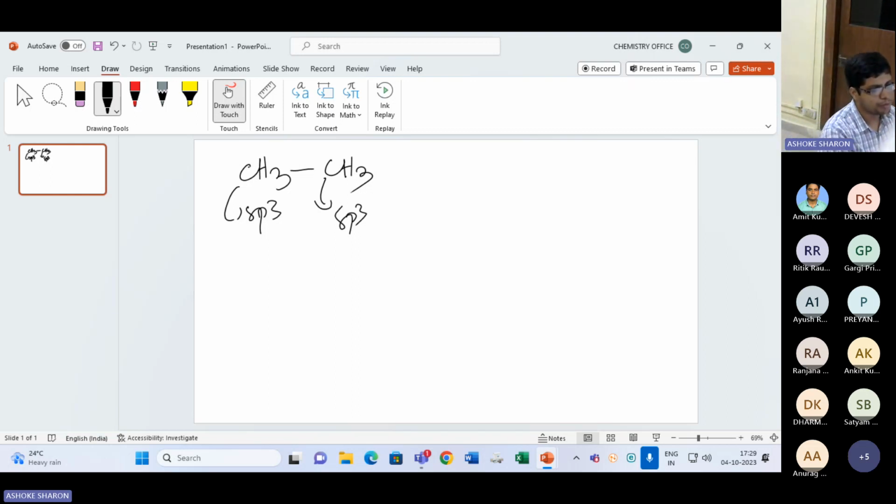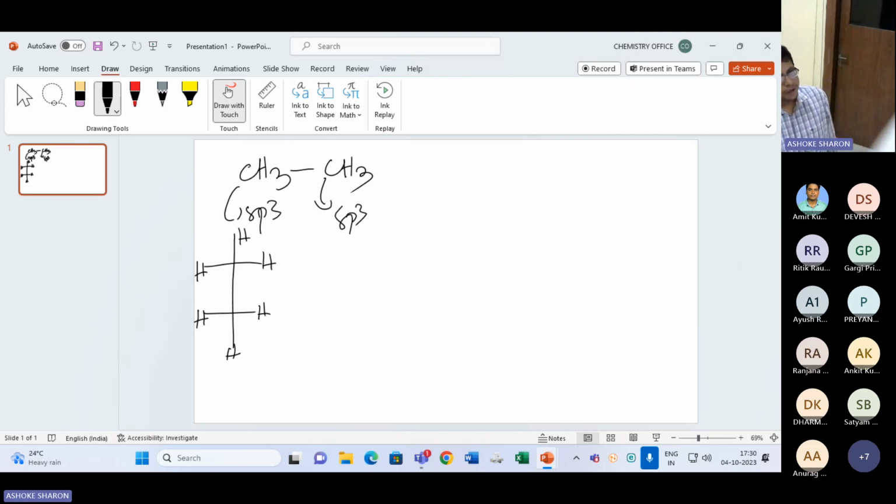When I go to the conformational energy diagram for such molecules, I prefer to draw them in a Fisher projection formula. First, the simplest one is ethane. I can draw it this way. Now from here to the Newman projection formula, you always have to draw directly to the Newman.